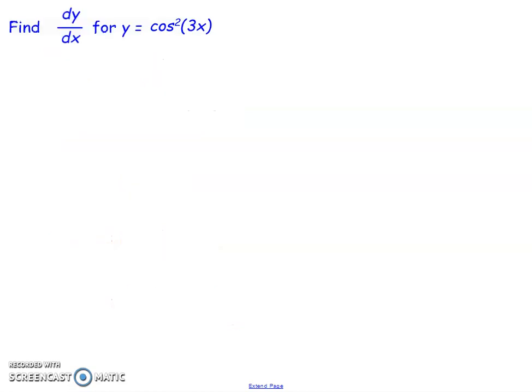Final question, I want you to find dy by dx for y equals cos squared of 3x. Now this one's a bit more interesting because this is a function within a function within another function. If we were to write y in the format of cos of 3x all squared, my innermost function would be the 3x. So I'd essentially have cos of u if I substituted.